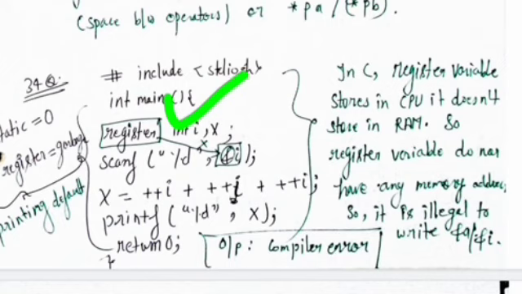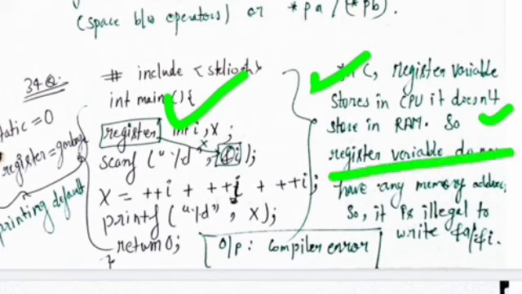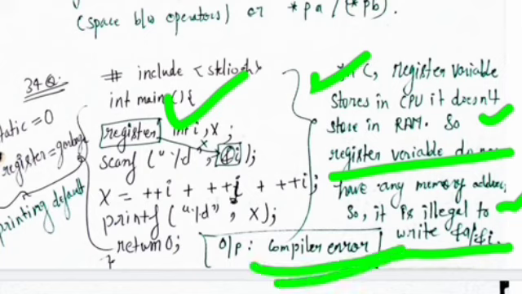We know that a register variable contains a garbage value. Why? Because in C a register variable is stored in the CPU, it is not stored in RAM. So a register variable does not have any memory address, so it is illegal to write address of i. Due to this we get a compile time error.